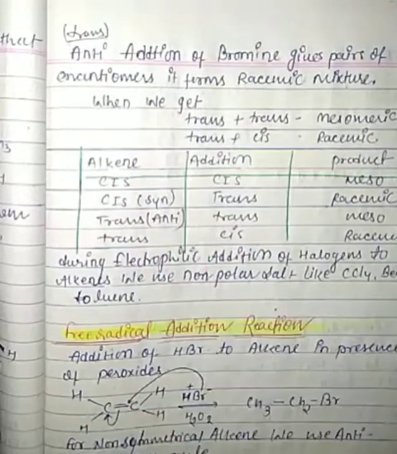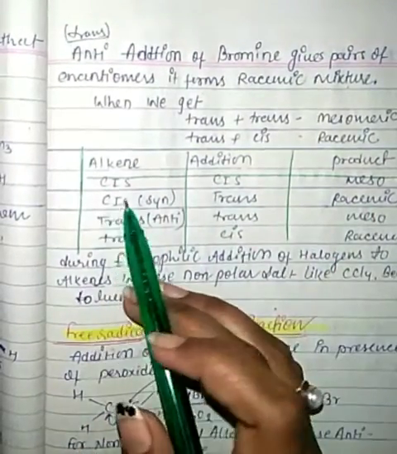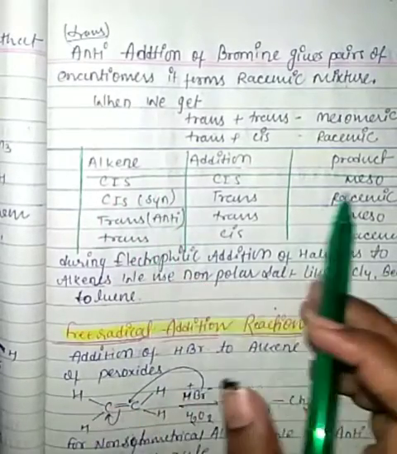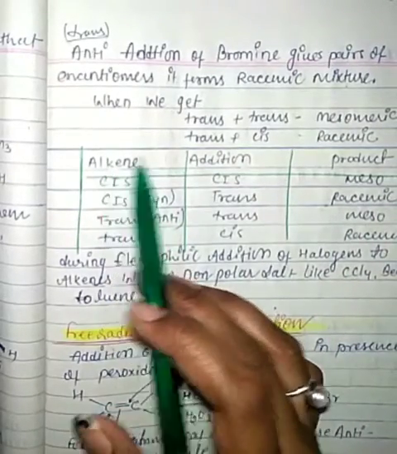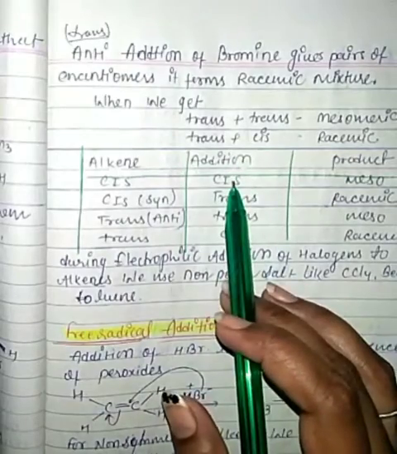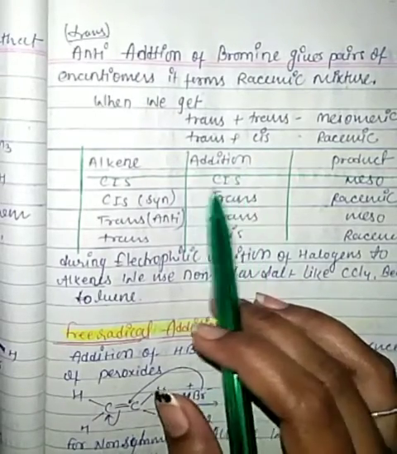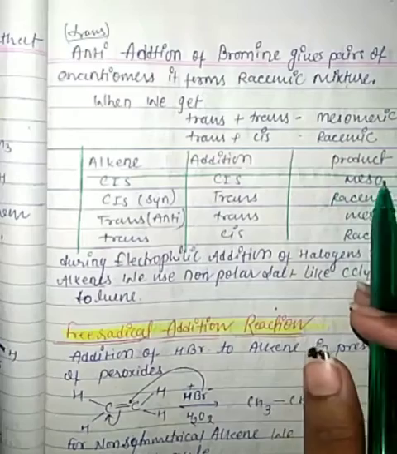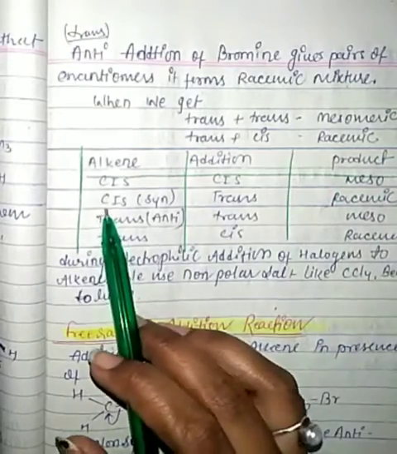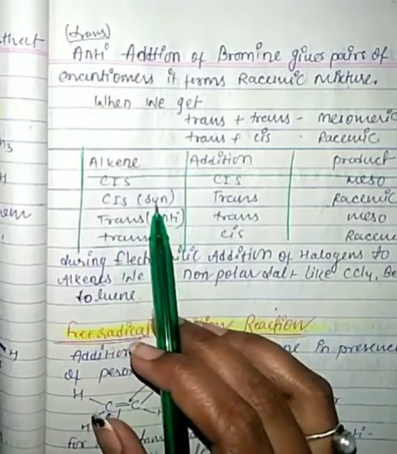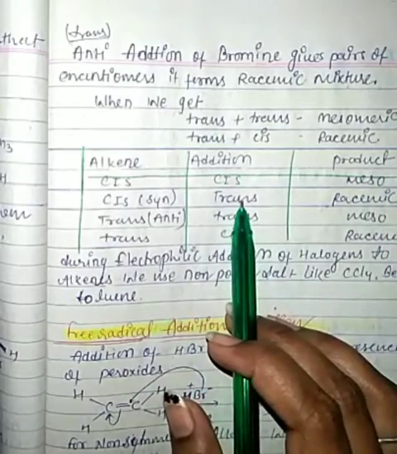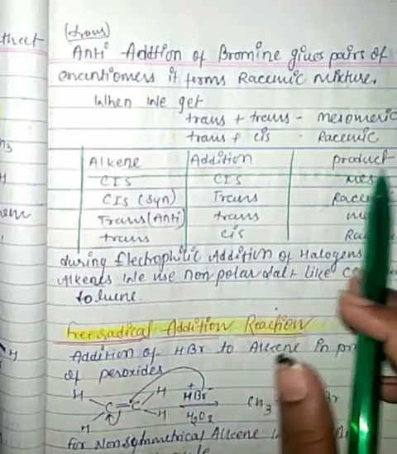Here are given some points on when we get which type of product. When the alkene is cis and the addition reactant is cis, we get the product meso. When the alkene is cis or syn and the addition reactant is trans, at that time we get a racemic mixture.